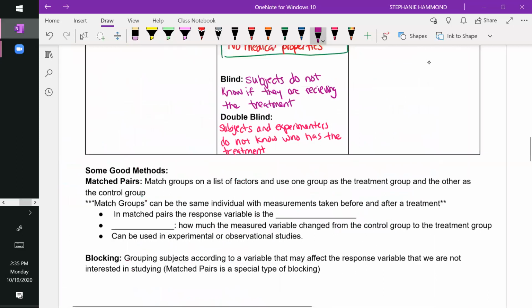Okay, here's some more good methods for creating a good experimental design. One is matched pairs. Matched pairs matches groups on a list of factors and uses one group as the treatment group and the other as a control group. So in other words, if I'm looking at dogs and I want to perform an experiment to see how dogs digest their kibble, and I have this whole group of dogs, we already know that there's lots of different breeds of dogs and there's lots of different sizes.